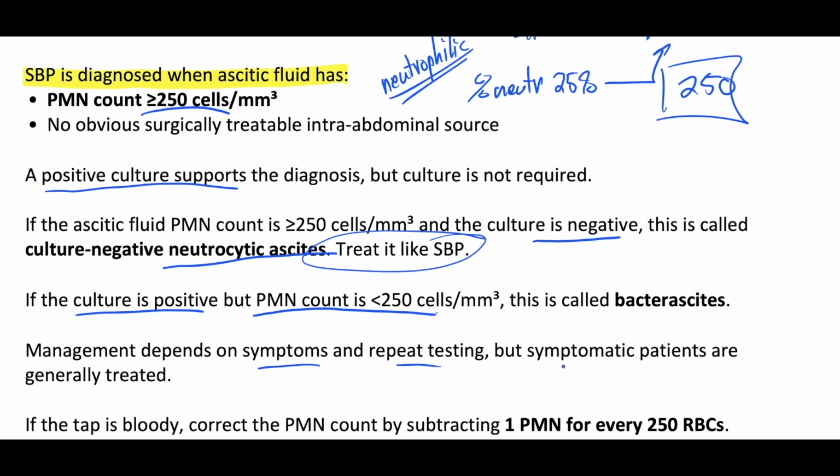But the one rule here is that if the patient is symptomatic, they generally should be treated if their cultures grow positive. Okay, hopefully that makes sense. Neutrocytic ascites versus bacterascites. If you have more than 250 neutrophils, you should treat SBP independent of the culture. If you have less than 250 neutrophils and you have a positive culture, you're probably going to treat it, but there is some gray and some nuance there.